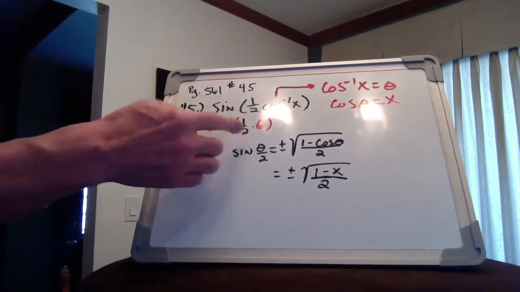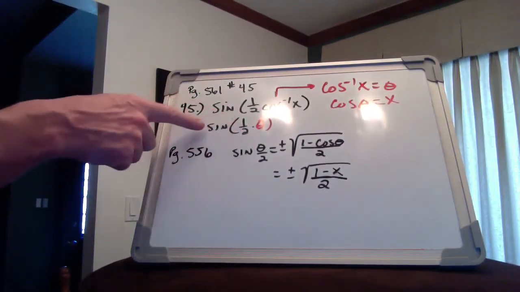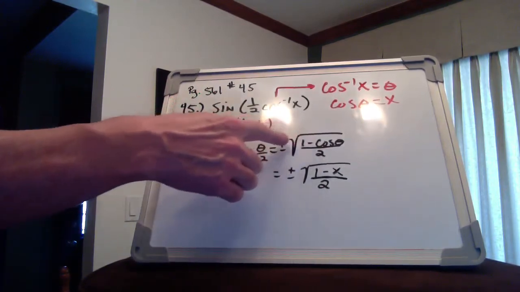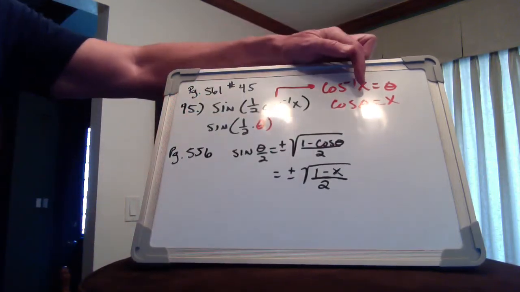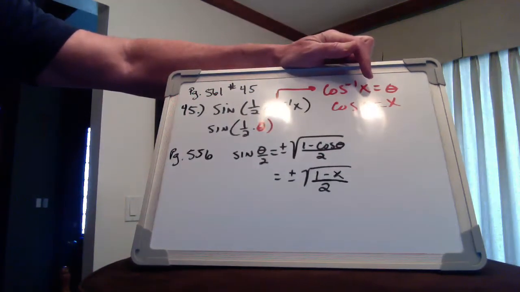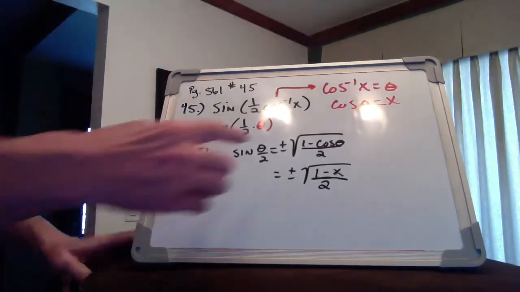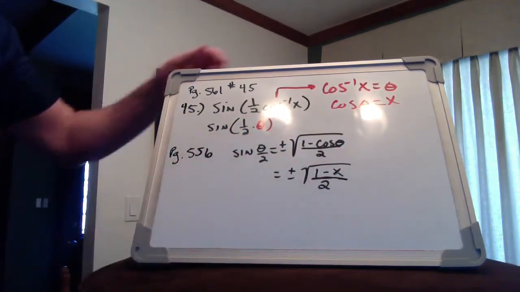So I'm looking for the half, so I'm going to use the half angle formula for sine. This is what I have right here. That's the half angle formula. And from here, remember the answer has to be in terms of x. I know that cosine of theta is equal to x, so I replace that with x. This is the answer here.